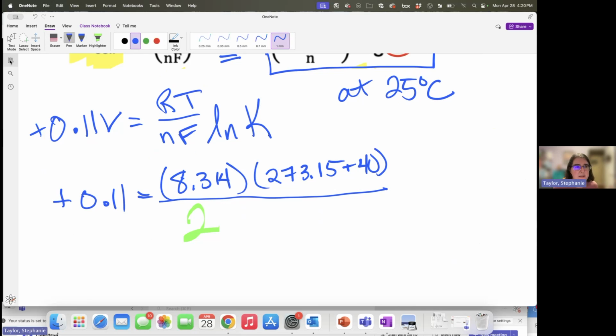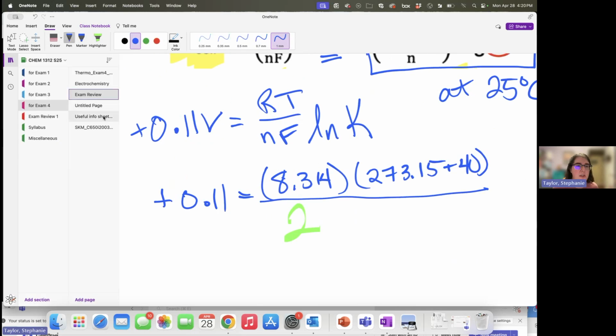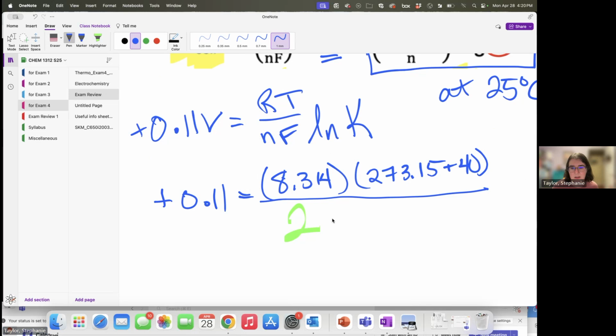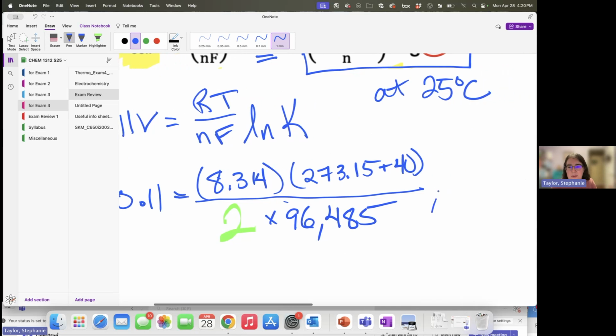The last thing is F. That's also on that potentially useful information page. It's right here. That is 96,485 times the natural log of K.